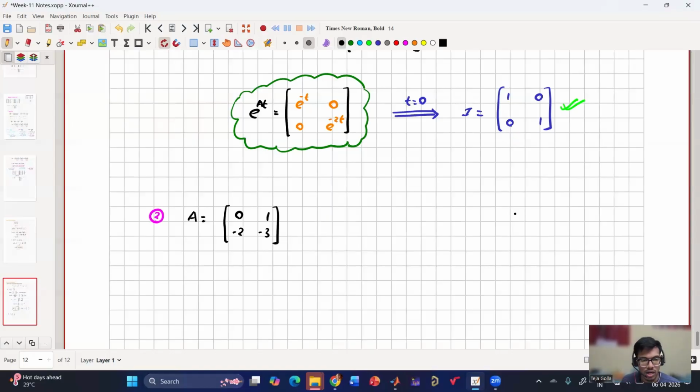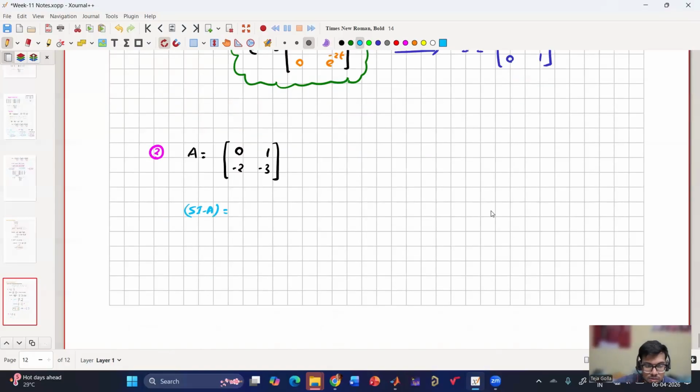So let us do the same. First, we'll calculate sI minus A. So we'll get s, minus 1, 2, s plus 3. So this is sI minus A.